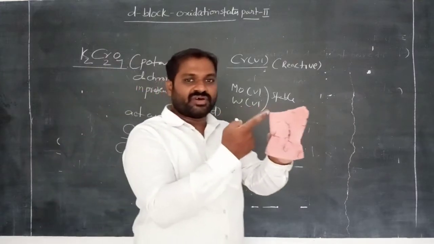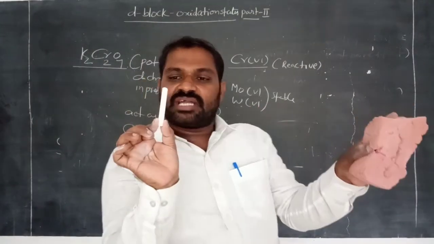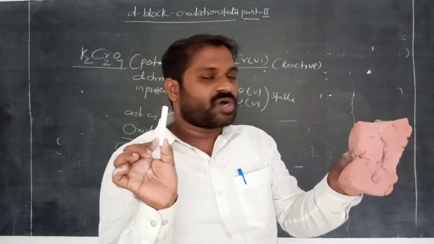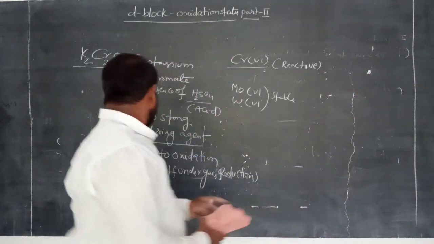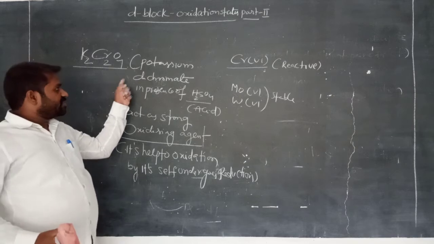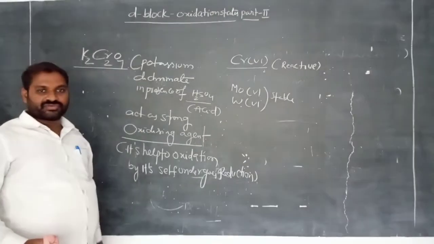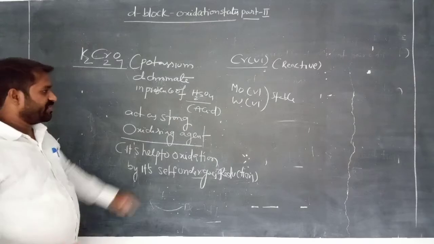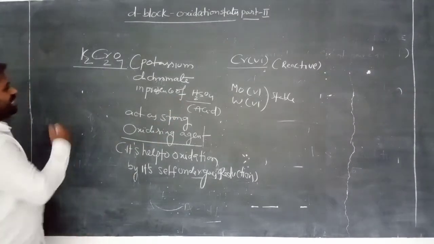Loss of electron is called oxidation, gain of electron is called reduction. So K2Cr2O7 gains the electron from the other compound and undergoes reduction. Potassium dichromate is a strong oxidizing agent in the presence of H2SO4, acidic medium. We prefer mostly concentrated H2SO4. Remember this.